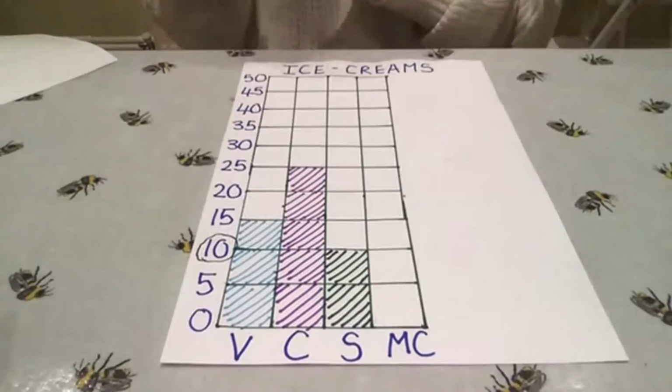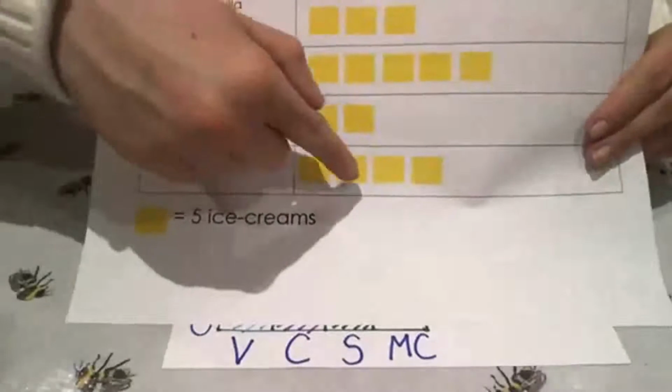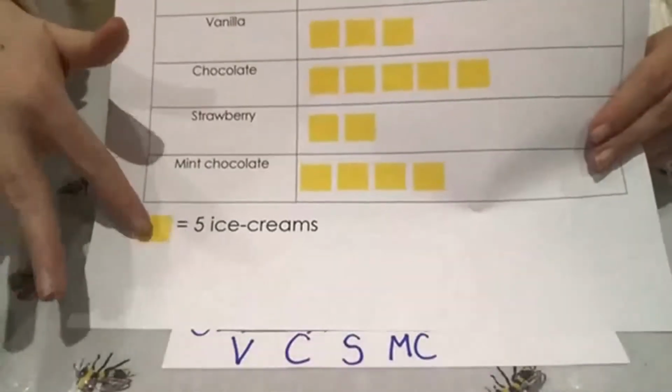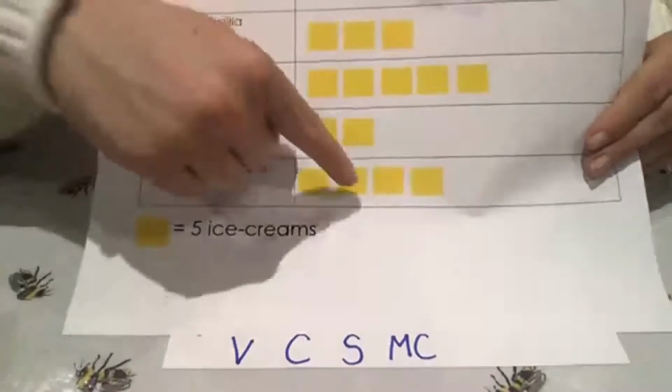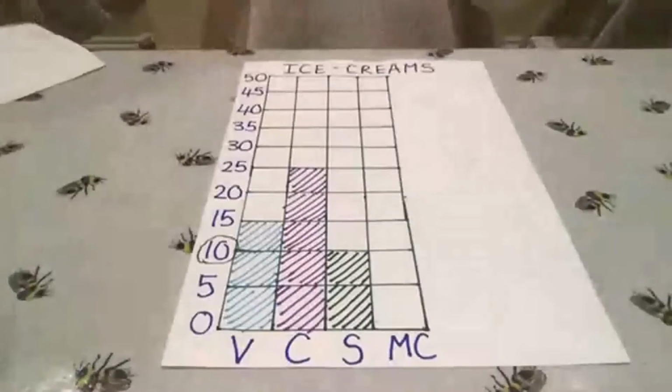Okay, let's try the last one. How many mint chocolate ice creams are there? Let's have a look. Okay, well, we've got 1, 2, 3, 4 squares, and each square represents 5 ice creams. So 5, 10, 15, 20. Okay, so we've got 20 mint chocolate ice creams.